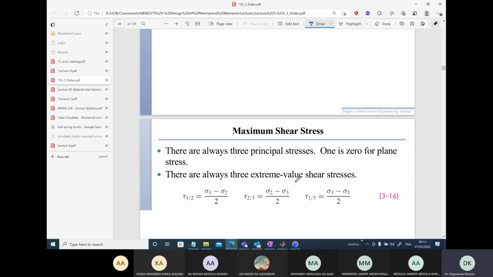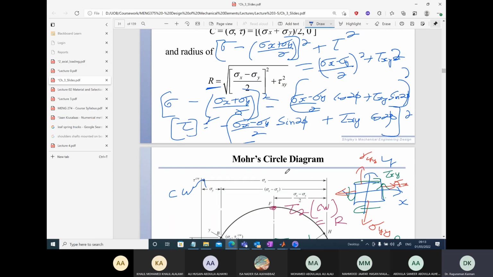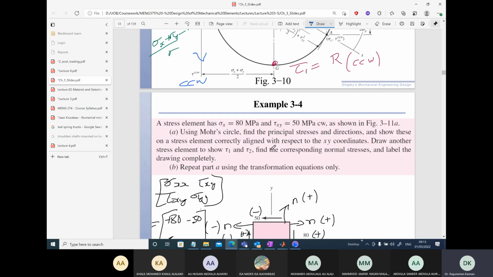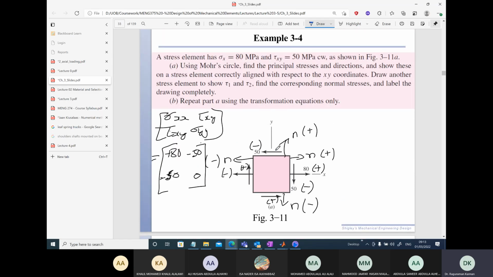So now I have introduced the theory of the Mohr circle already. Let's see if we can solve a 2D problem using the Mohr circle. A stress element with sigma xx and tau xy values is given here, with values 80 and 50.